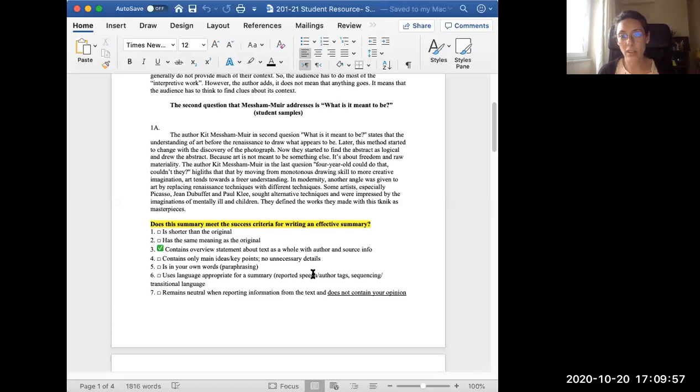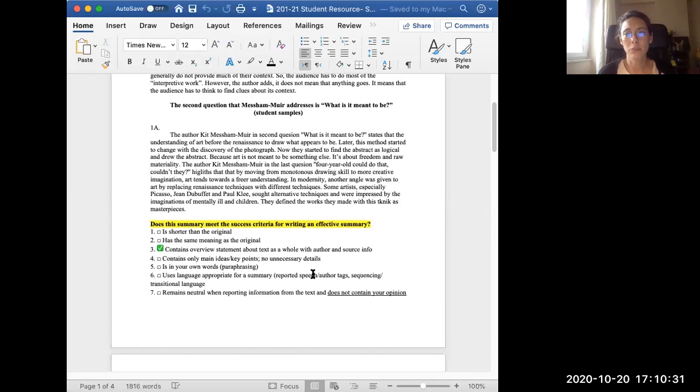So if the summary included the very specific example of the Russian artist staying in a doghouse for 2 weeks to understand what it's like to be a dog, this is something that's too specific to include in a summary. So when we review these student examples, we might come across some of that, and that's the kind of feedback that we should be giving.